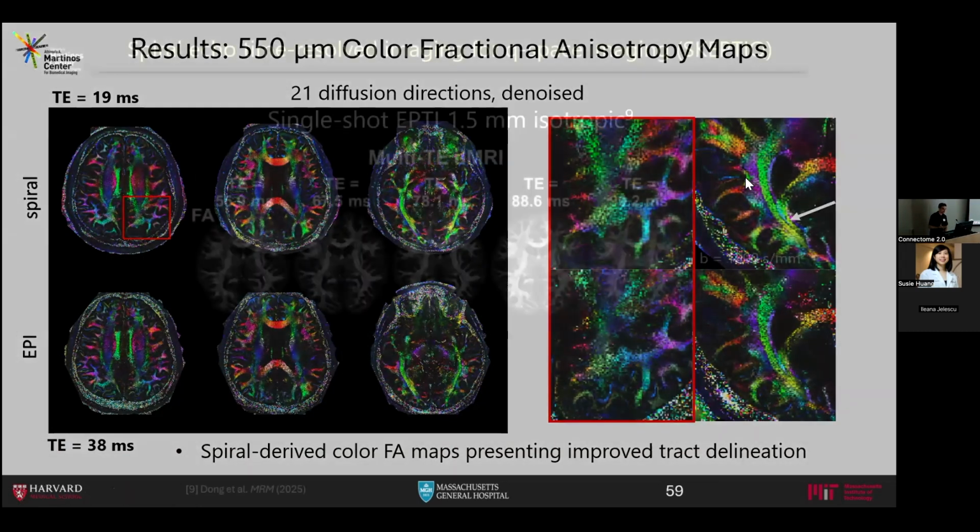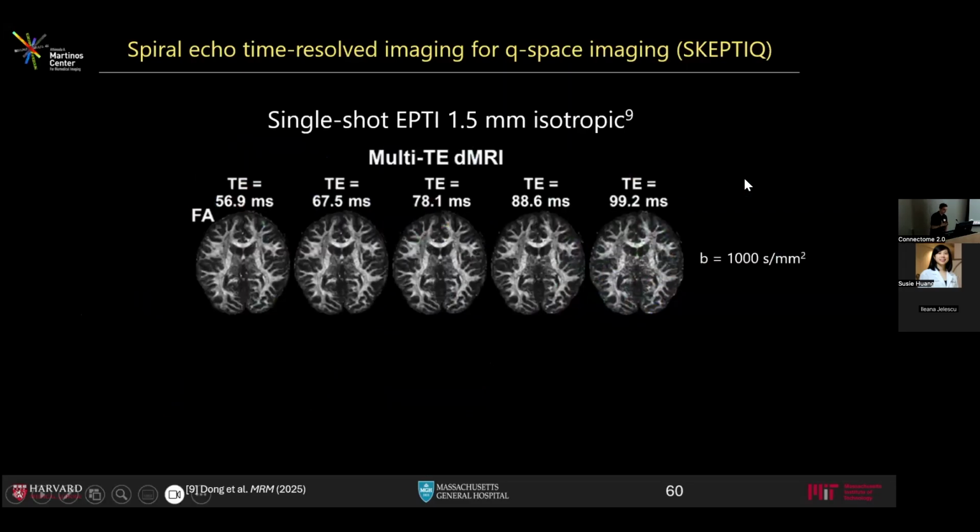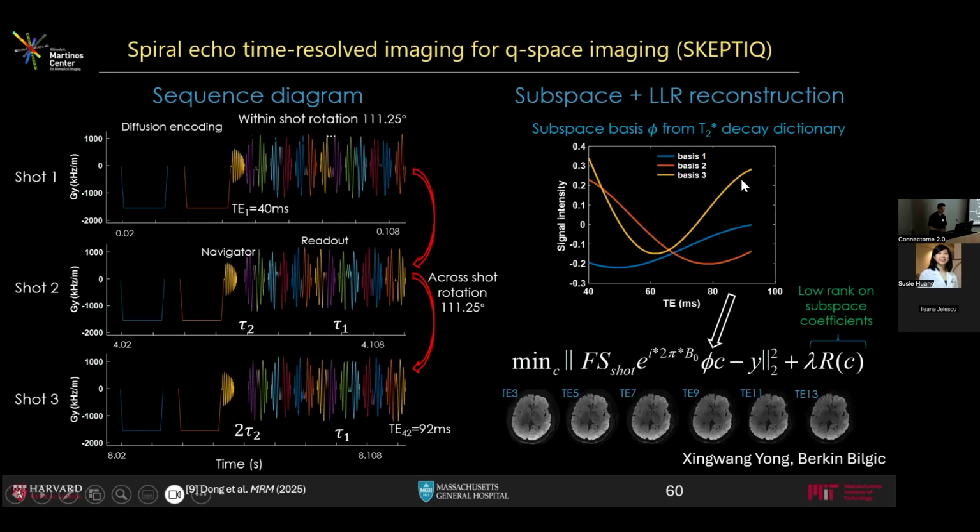Sticking on the topic of spiral imaging, Zijing Dong, Fuyixue Wang, and company have, of course, explored some of the applications of EPTI, this ability to measure different echoes for distortion-free EPI images. Xingwang Yang and Berkin Bilgic have been looking at how they can apply this to something like a rotated spiral.